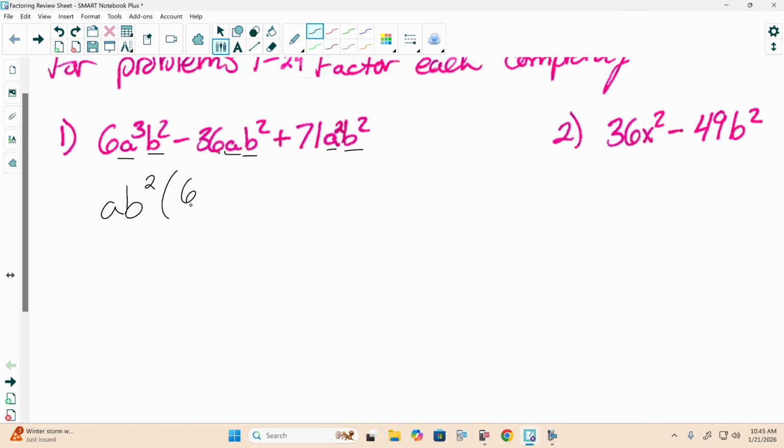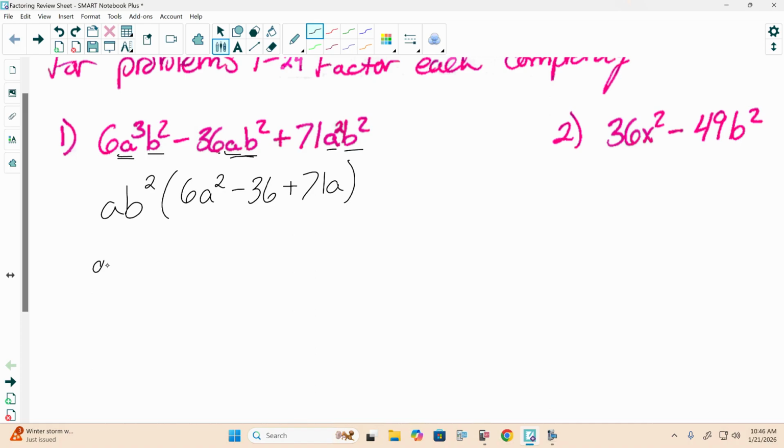So we'll still have the 6 from our first term. A cubed, I'm going to remove 1 from it, and it's going to give me a squared. And the b squared will factor out completely. Then we'll have minus. We'll still have the 36. The a and b squared will both factor out completely, leaving me with just 36. Plus 71. Now, we can factor an a out of a squared, leaving us with a. And then the b squared will factor out completely.